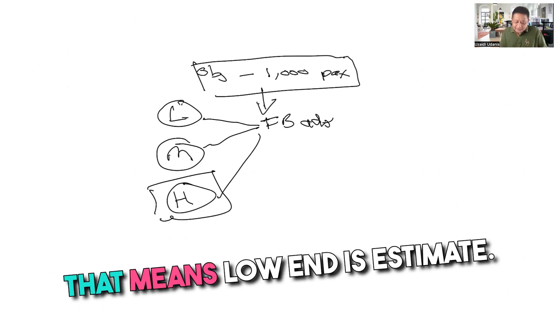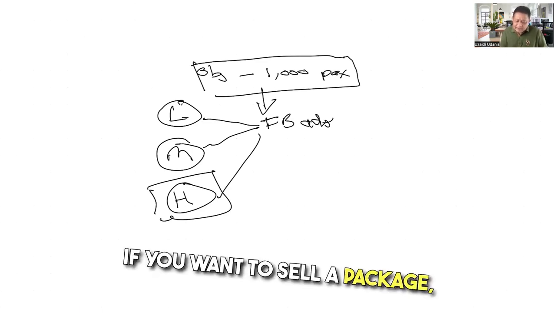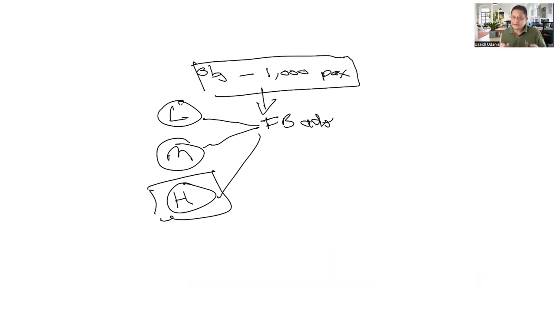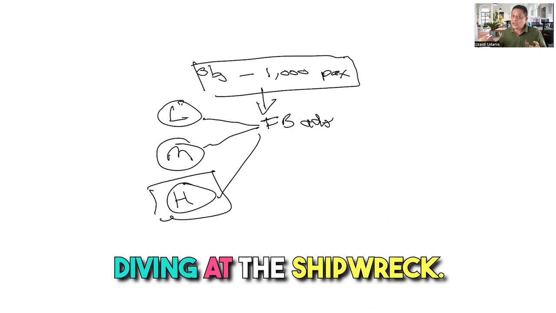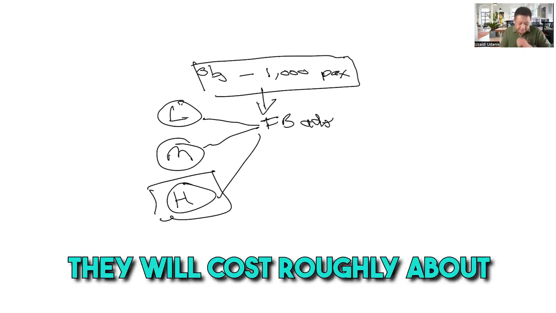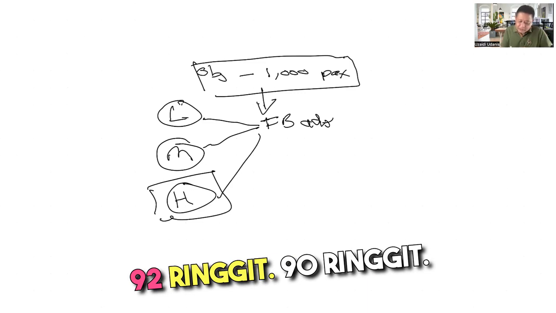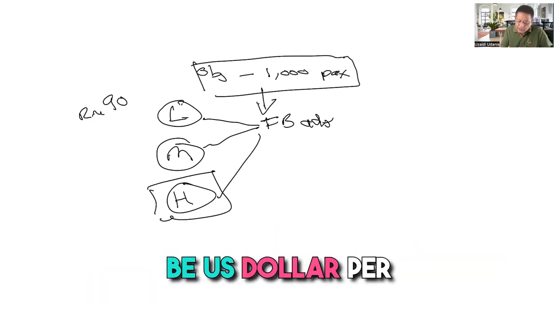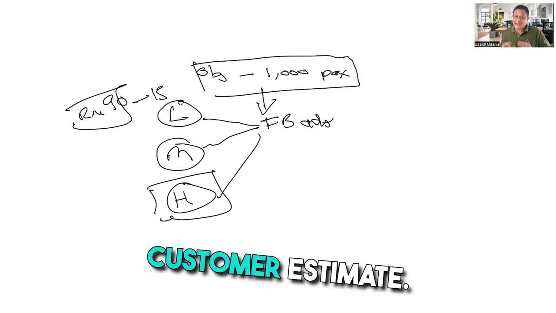So let's say these are their strategy. Low end: if you want to sell a package, for example diving at the shipwreck, that will cost roughly 90 ringgit to 138 ringgit per customer. I just converted it to ringgit; it's supposed to be US dollar.